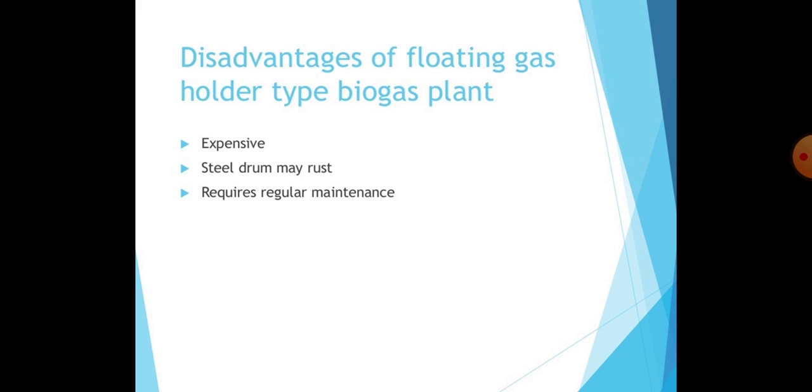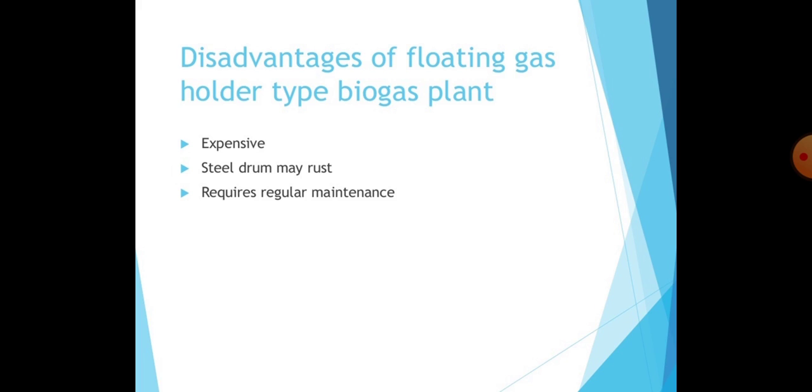Second, the steel drum may rust. The second disadvantage, compared to the fixed dome type biogas plant, is that in a fixed dome type biogas plant no maintenance is required, but here in the floating biogas plant the steel drum may rust.